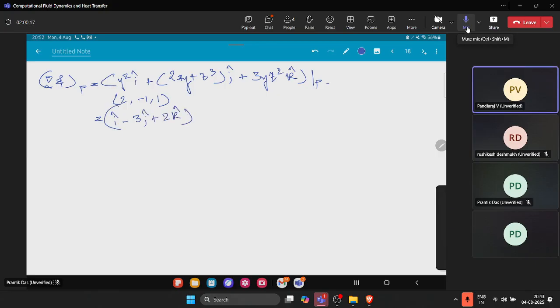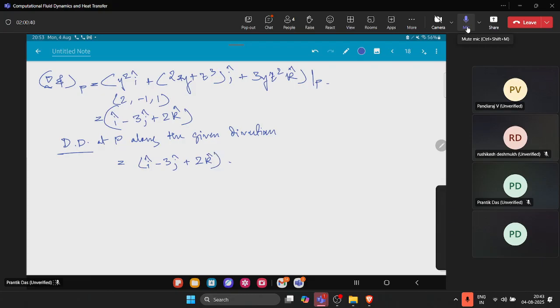And then if I want to find out the directional derivative, which I am writing here as dv, so directional derivative at point P along the given direction is equal to I cap minus 3j cap plus 2k cap dot I cap plus 2j cap plus 2k cap divided by root over of 9.